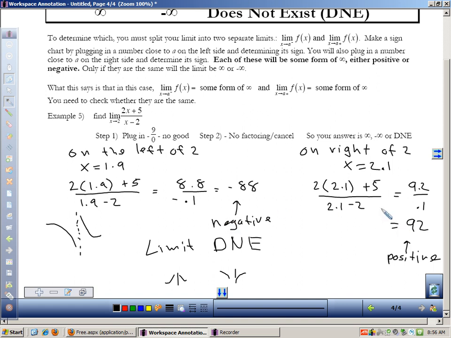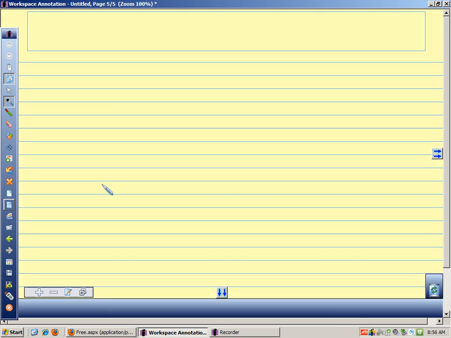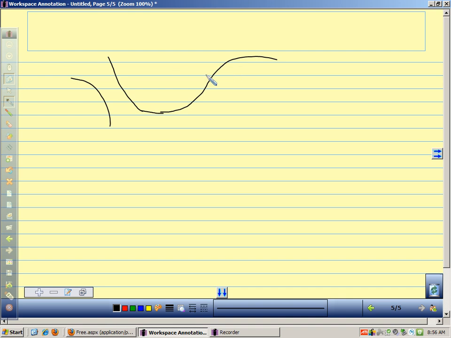Now, you want to choose close to your number because my function could do something like, let me get a new page here. So we said the graph looked something like this. But as we go out here, the graph could come up like this, or our graph could go back down like this.